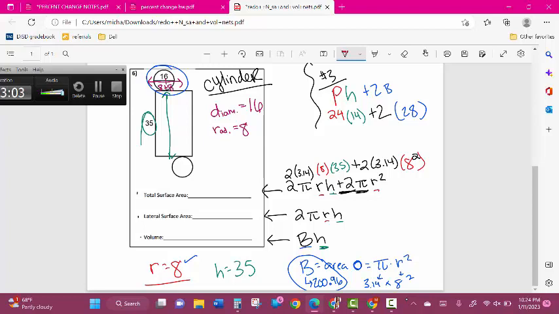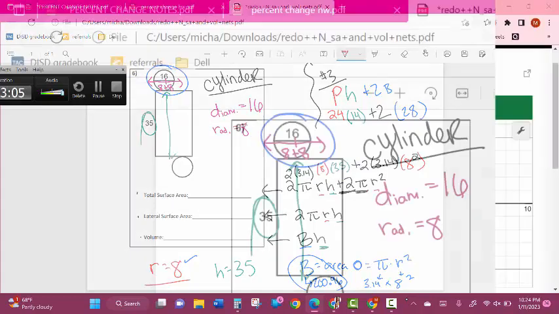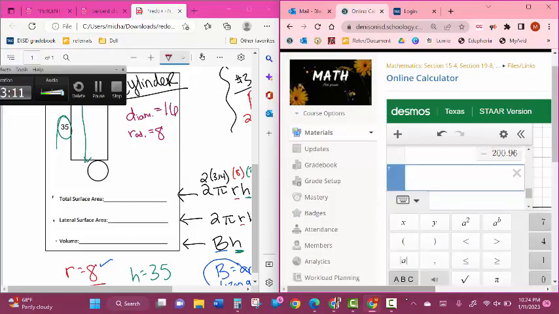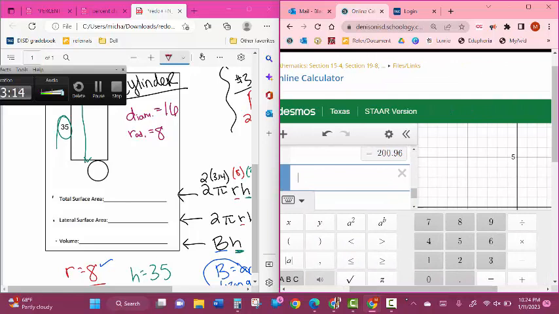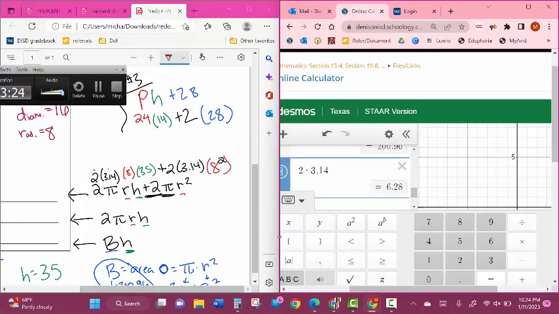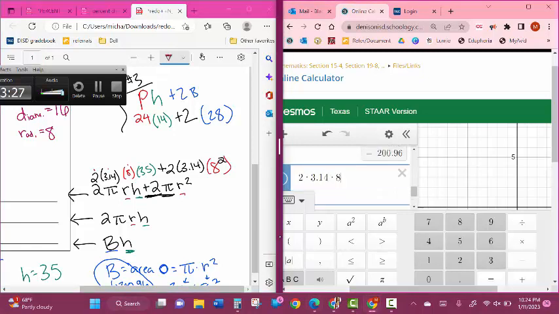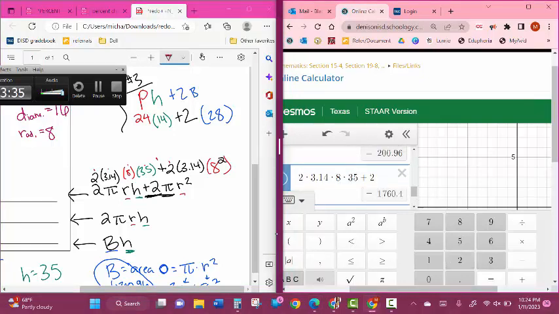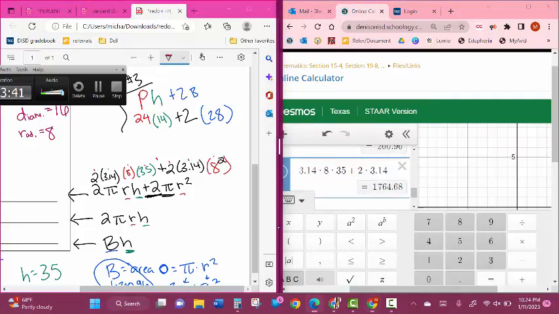Okay, I'm going to split screen so I can see what I'm supposed to be typing. Alright, we'll go here. We need 2 times 3.14 times 8 times 35 plus 2 times 3.14 times 8 squared.